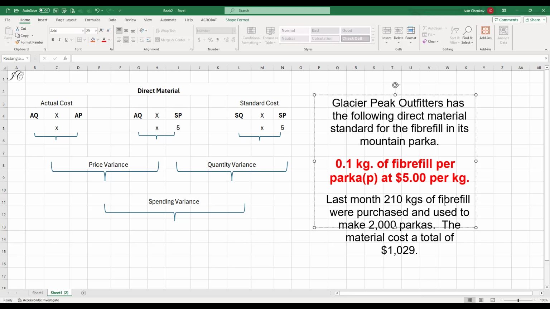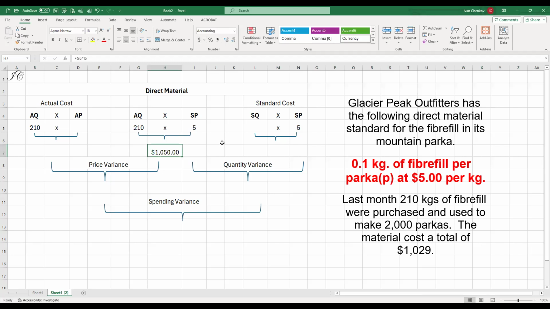So what's the actual material that was used? 210 kilograms, correct? So the 210 kilograms will be the actual quantity. At this point, I have my first number, which is 210 times 5, and that 1050 will be dollars.